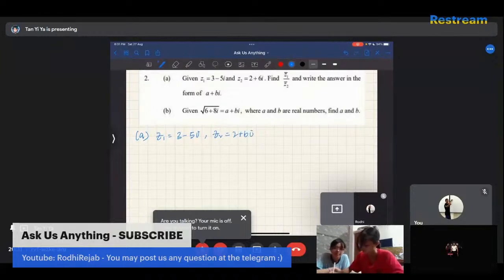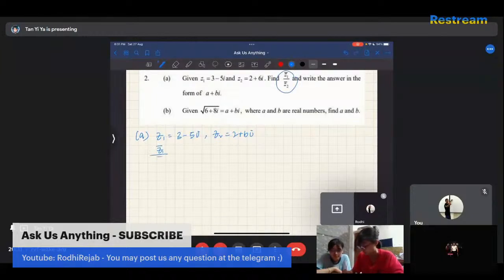So we have to find the conjugate of Z1 over the conjugate of Z2. To find the conjugate, we have to change the sign of the imaginary part. So it will be in this way.